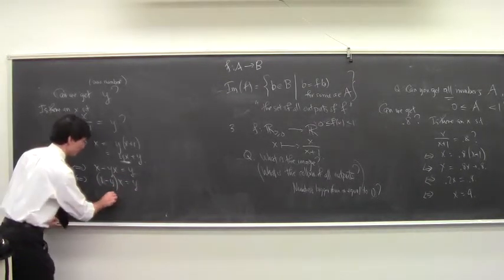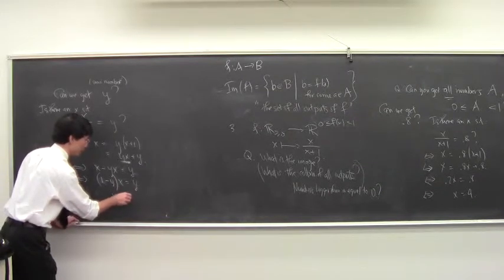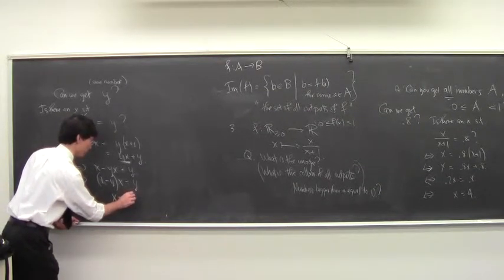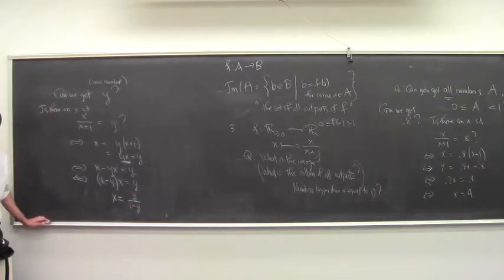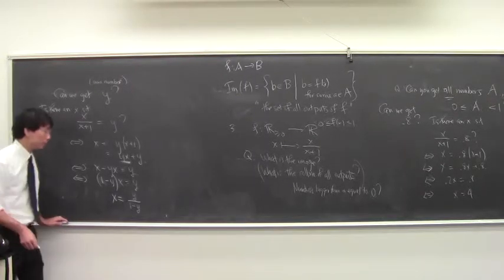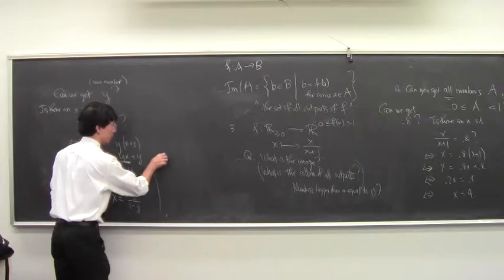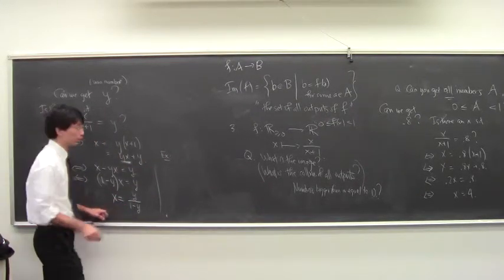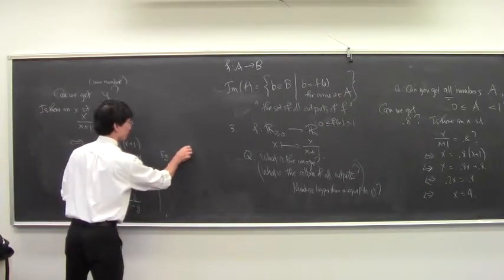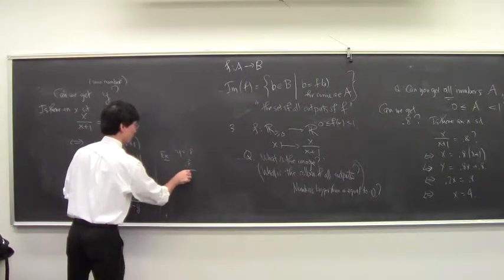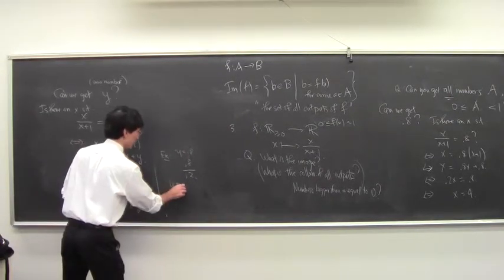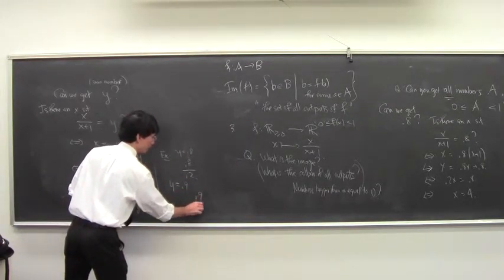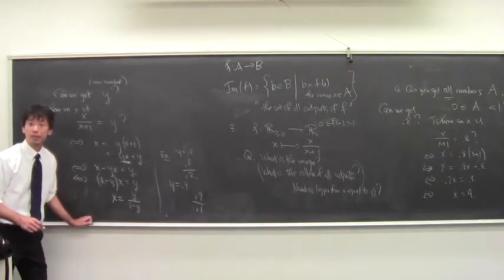And so what x will do it? You need to take y over 1 minus y. So, for example, if y is 0.8, we take 0.8 over 0.2. If y is 0.9, you're going to need 0.9 over 0.1, and so on and so forth.